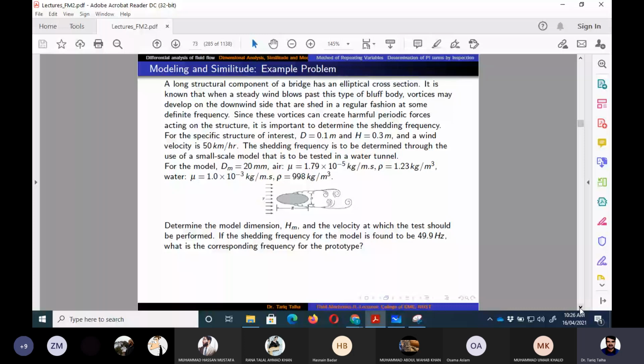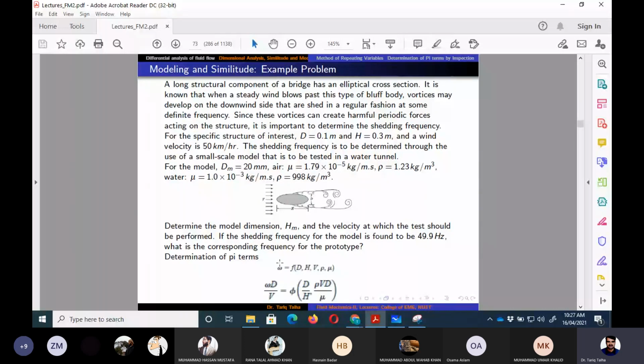The dependent variable is the frequency of oscillation, which is written by omega here, not W but omega, and then it is a function of the vertical height and the horizontal length, then free stream velocity, density, and viscosity. If we apply the method of repeating variables, or maybe the method of inspection, because there are a total of 6 variables, we would have 3 pi terms by the use of the Buckingham pi theorem.